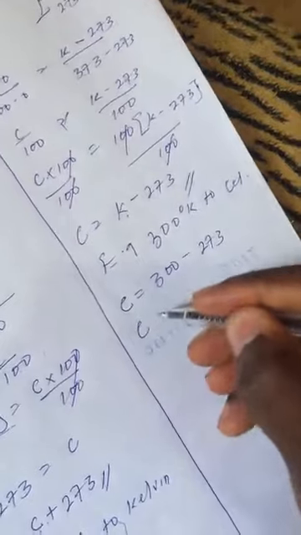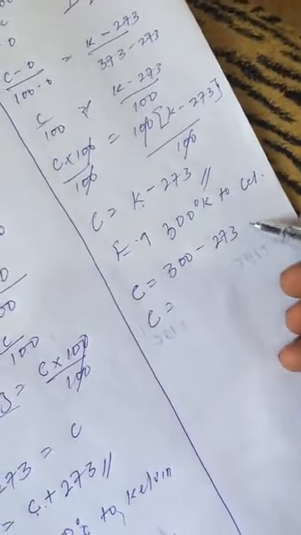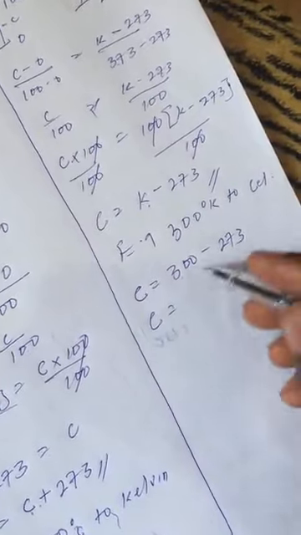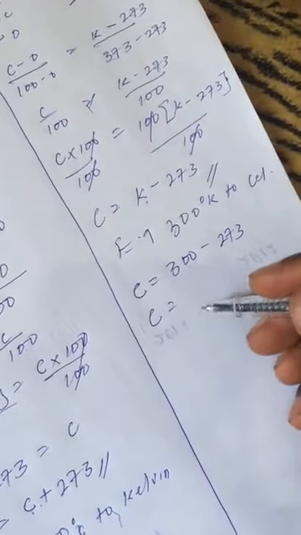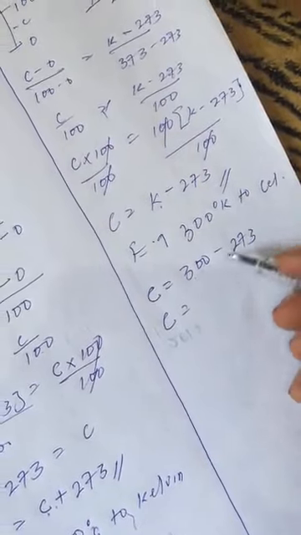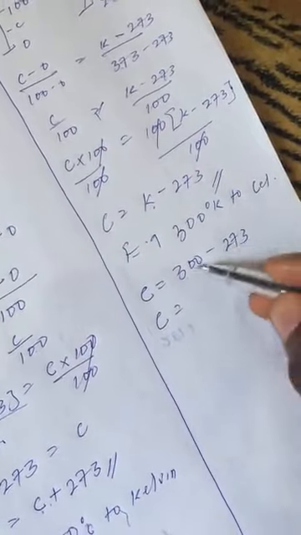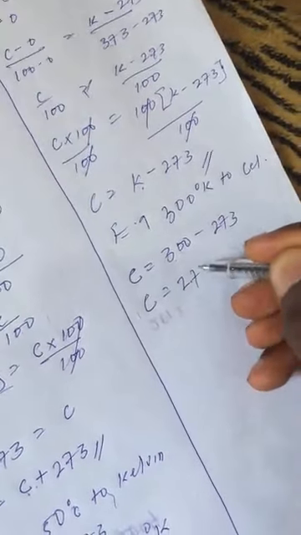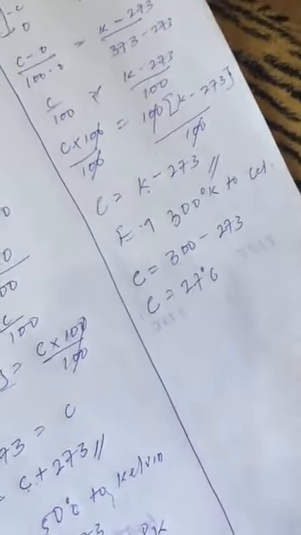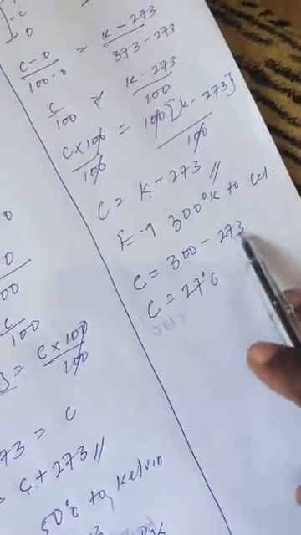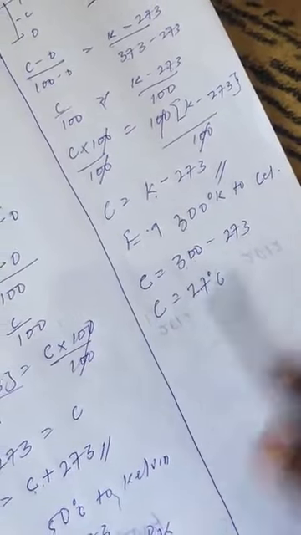If you do that, C will become 300 minus 273. That is this minus this. 300 remove 100 gives 27. We have our 27 degrees Celsius.